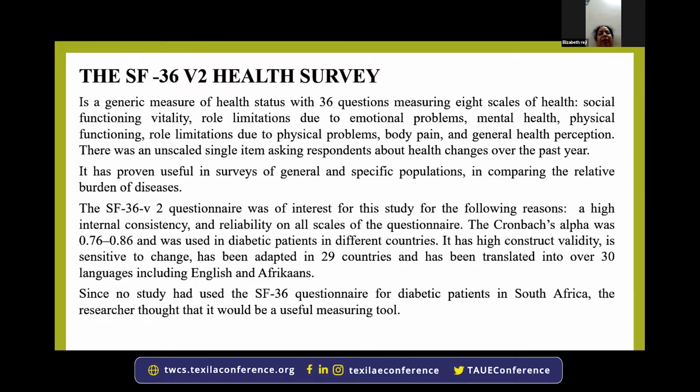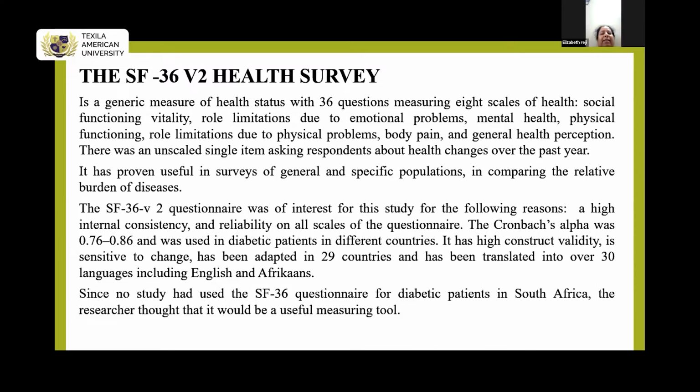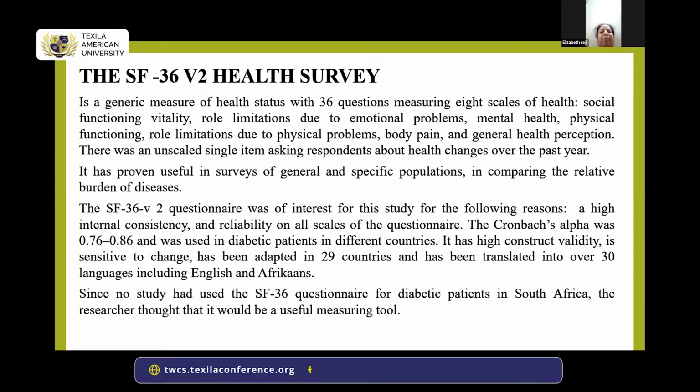There is also one question asking about any problems during the past year. It has been proven that this health survey can be used in both general and specific populations for comparison, and also in relation to diseases.